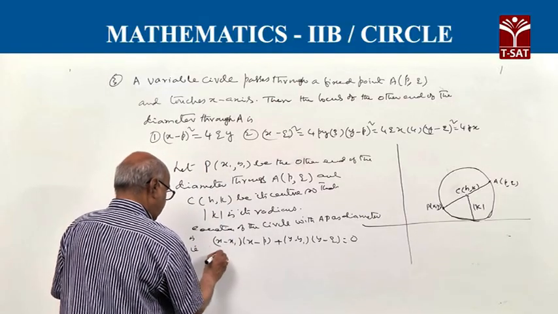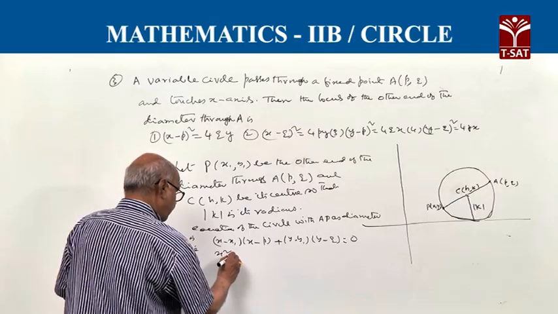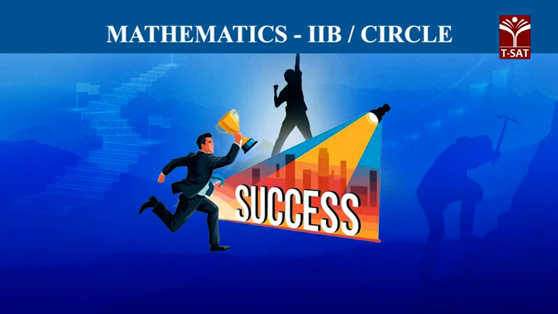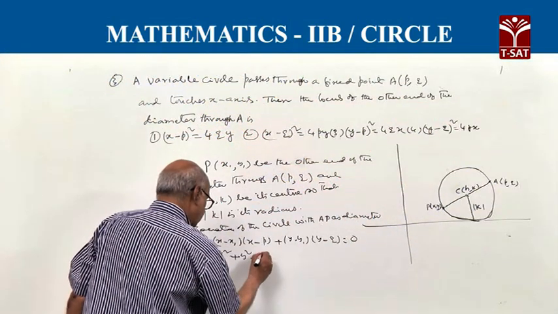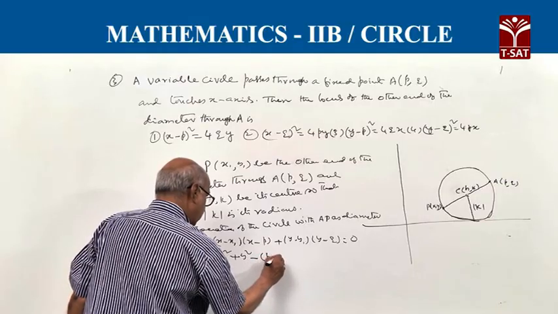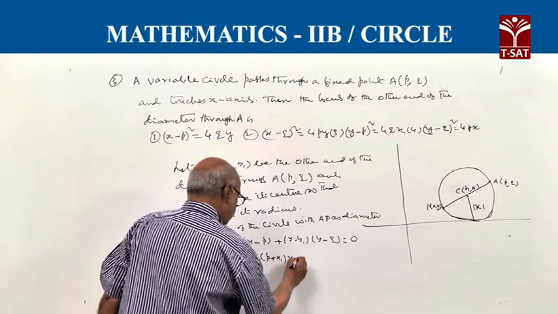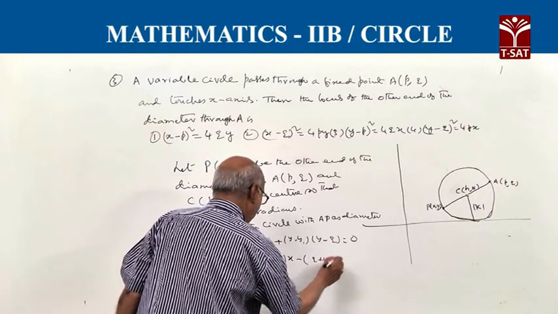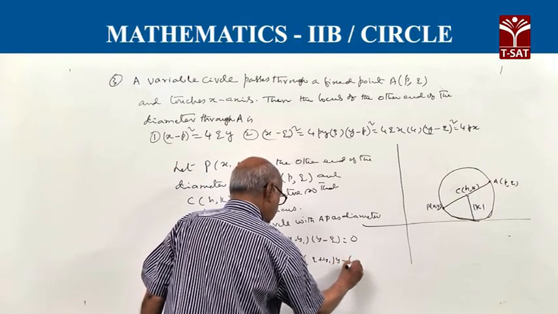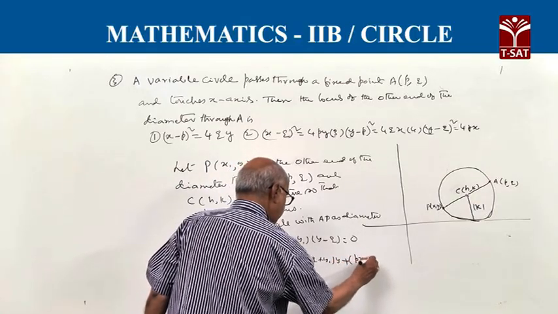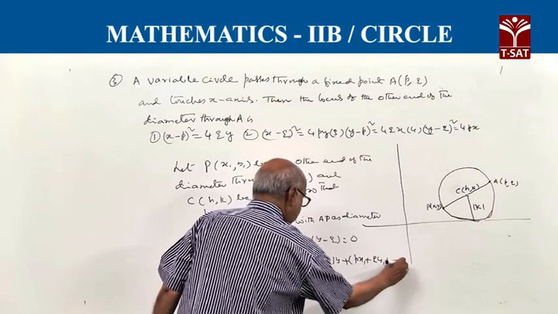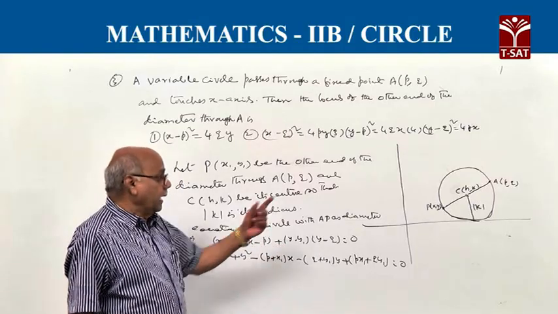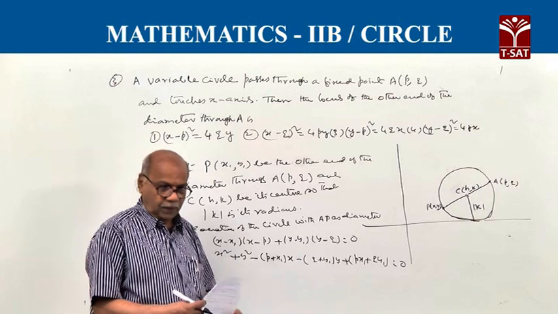That is x square plus y square minus (p plus x1) x minus (q plus y1) y plus (px1 plus qy1) is equal to 0. So, this is the equation of the circle described on A and P as extremities of a diameter.